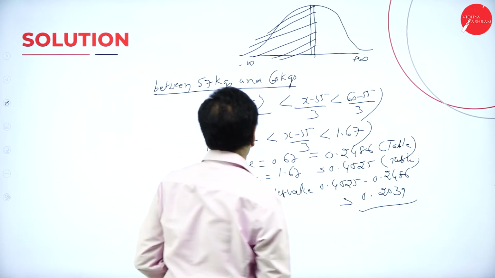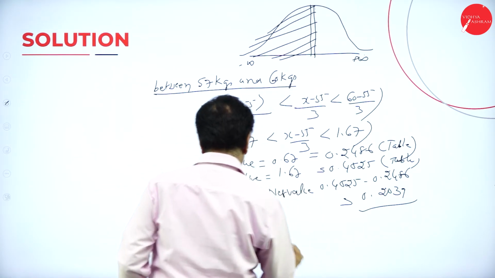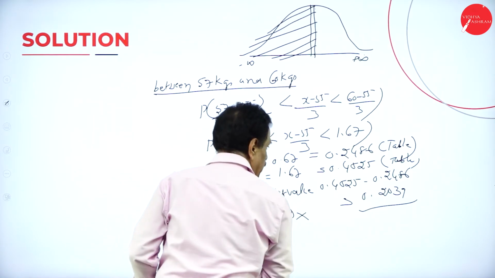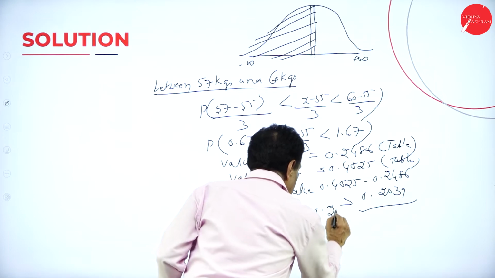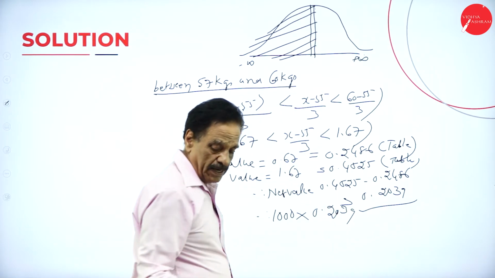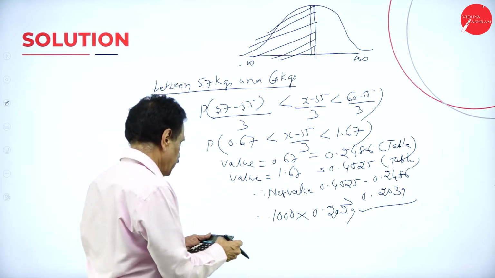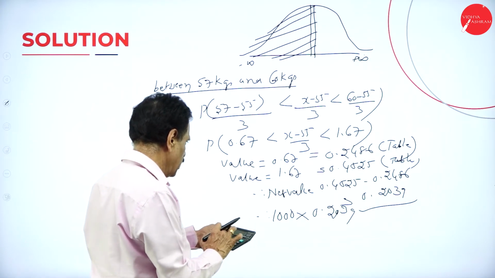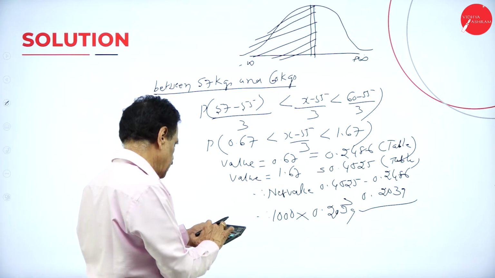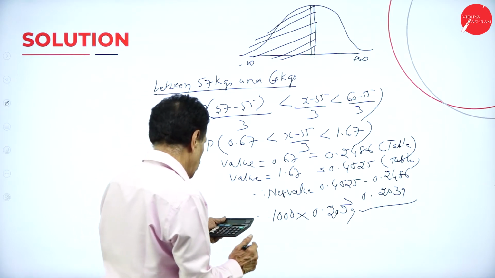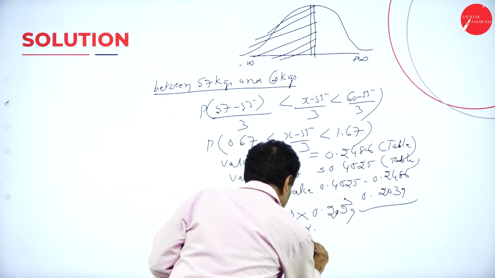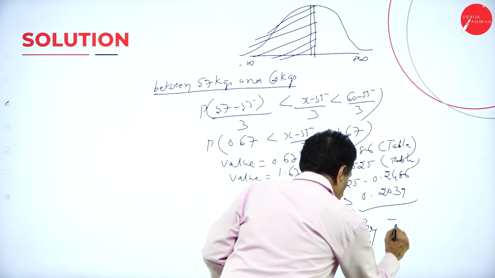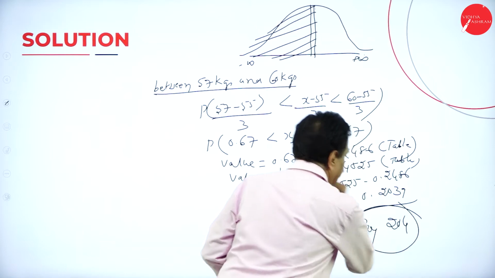For the next one, net for 1,000 students, 1,000 into 0.2039, 203.9, say 204.